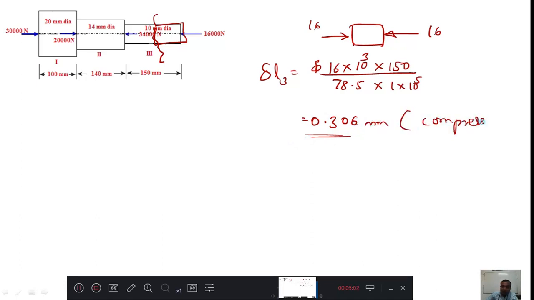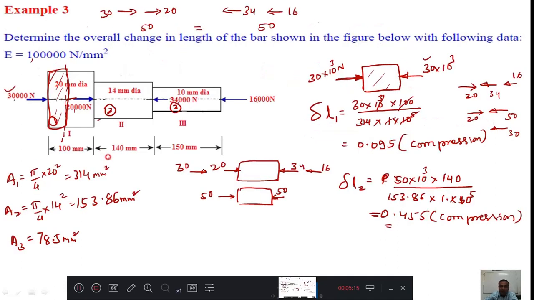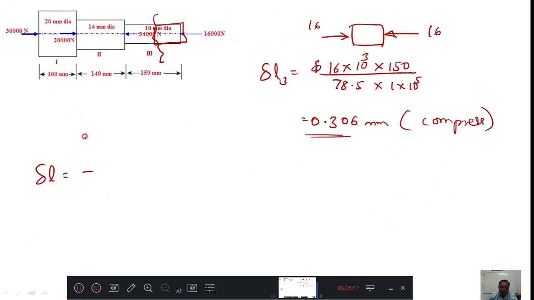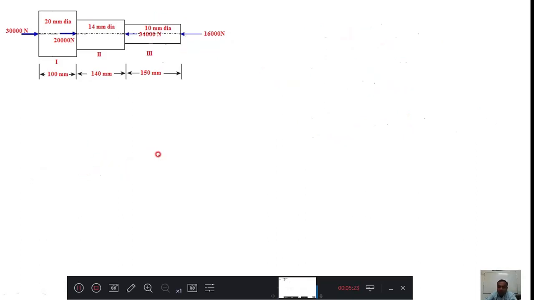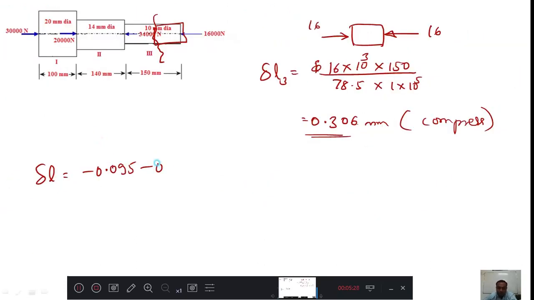See, all are compression, therefore I can add them. You can call compression minus and tension positive. Then delta L equals minus 0.095, because minus is because of compression, minus 0.455, minus 0.306.